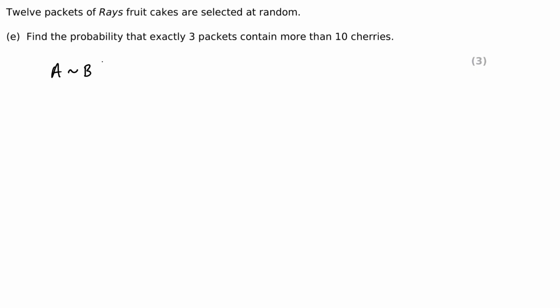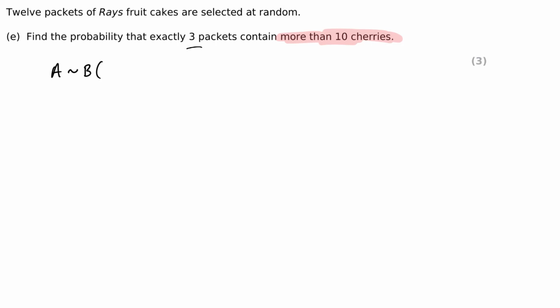New distribution is binomial. Okay, and what you'll always notice is that we're talking about something that we've already done. So you'll notice that this more than 10, this is what was in the last one. That's what we were finding, that probability that there are more than 10.